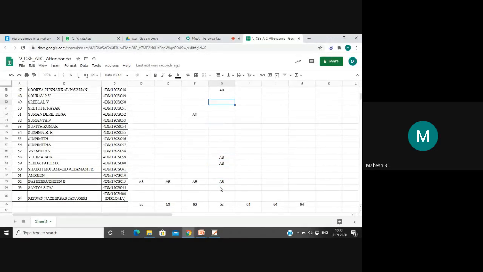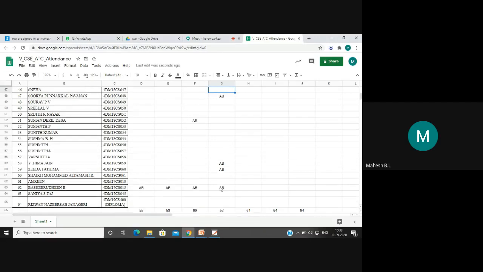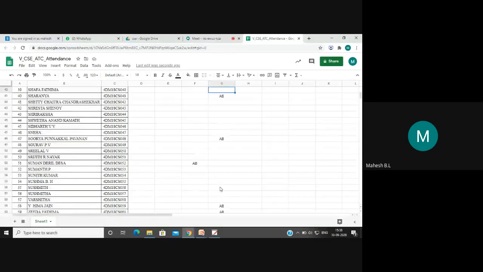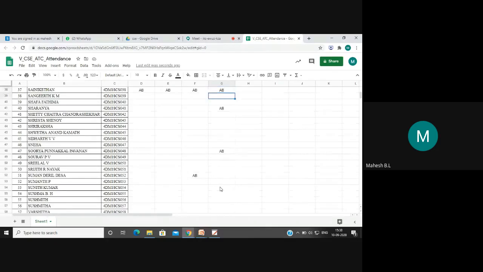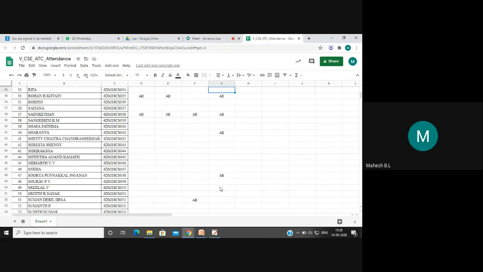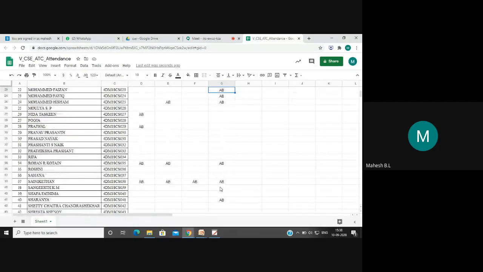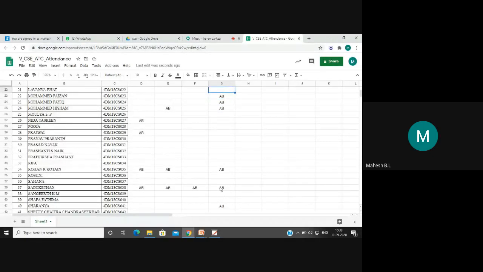Zida absent, Hima absent. Surya absent. Sharanya is absent. Then Sai Niketan, Rohan. Hisham, Faizan absent.